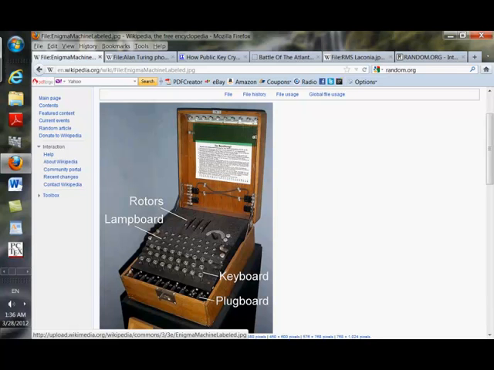As you see here, this was the German Army's Enigma machine. This had only the 26 English letters, and you would have 1 being assigned to A, and 26 being assigned to Z, Zulu.